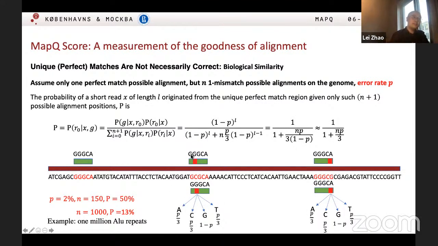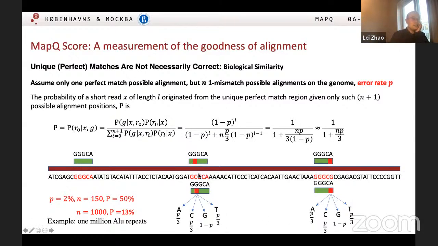So if you observe that the short read has a G at this position, we assume there is a P/3 probability that the true base from the true region is A, a P/3 probability that it is C, a P/3 probability that it is T, and 1 minus P that the original base is G. This gives you the base calling error, but I will come back to this later.